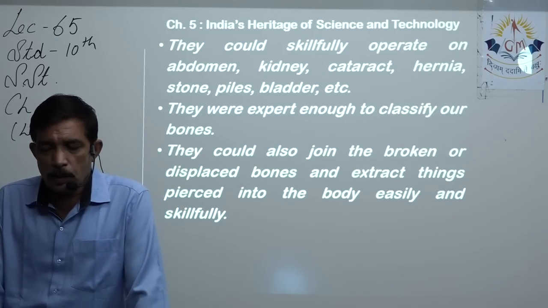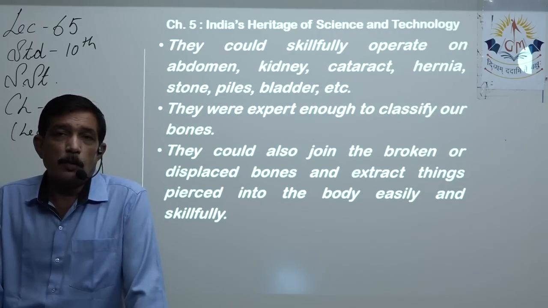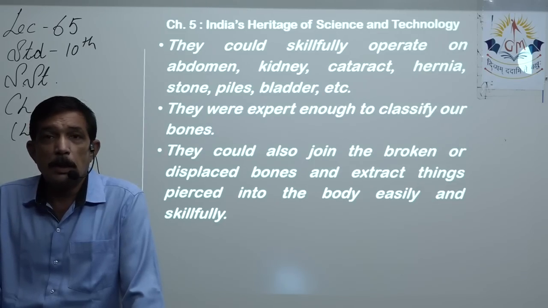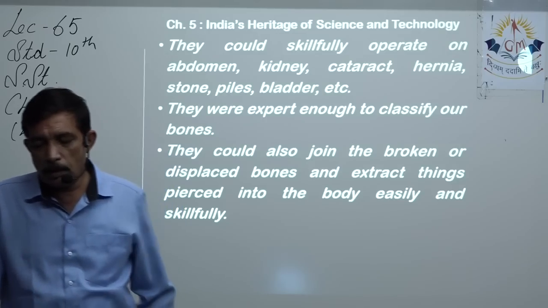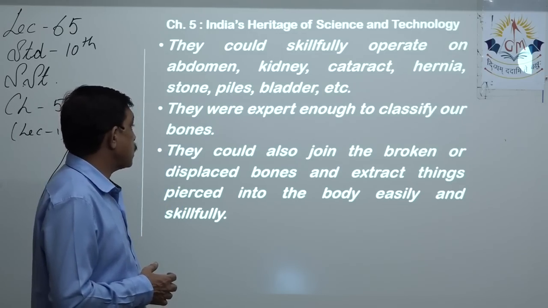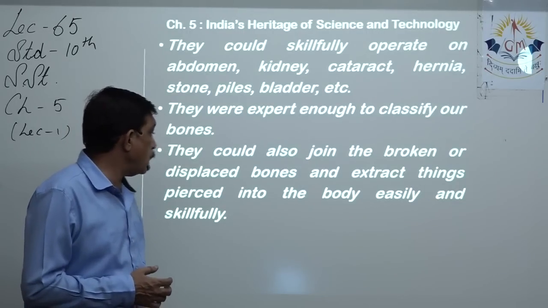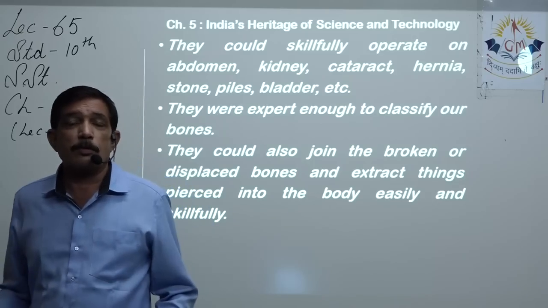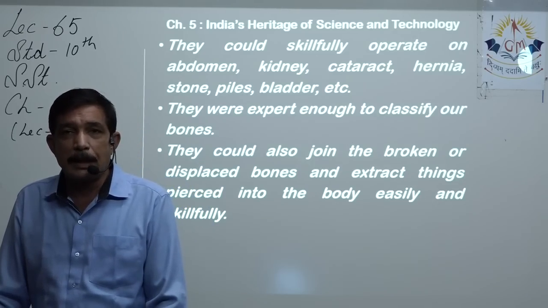They were also expert to classify our bones, all the bones. Yes, by watching the movies you come to know how many bones there are, 206 types of bones, right? They could also join the broken and displaced bones and extract things pierced into the body easily and skillfully. For example, because lots of fighting was going on there, we'll take that example.